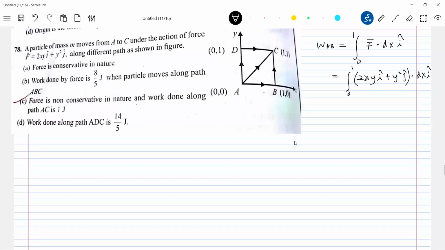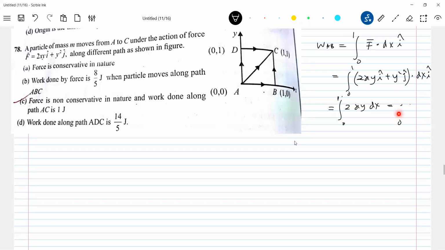I dot j will cancel out, so we'll end up with 2xy dx from 0 to 1. What to do with y? You started from here, no? A to B. So what is the value of y? Y should be 0, no? So in the limit, it will be 0 to 1.